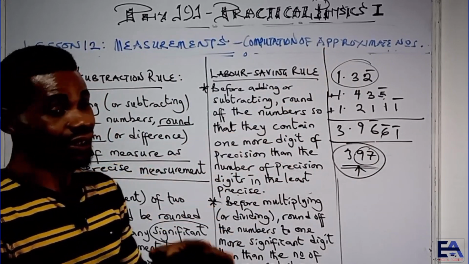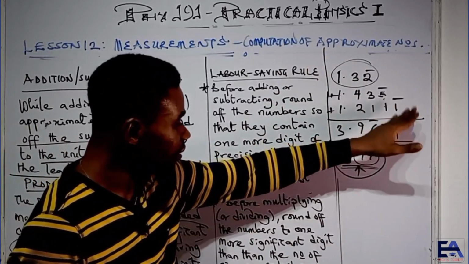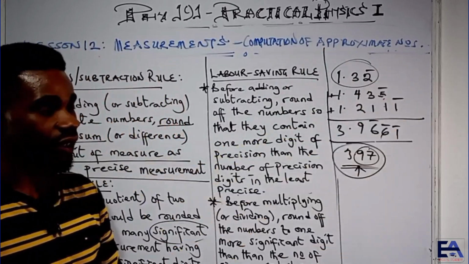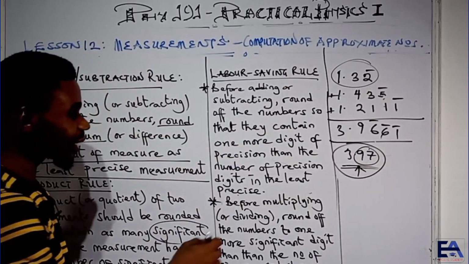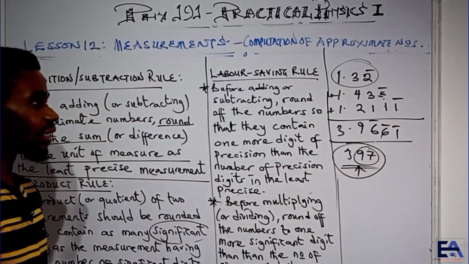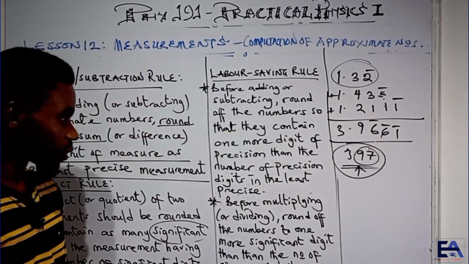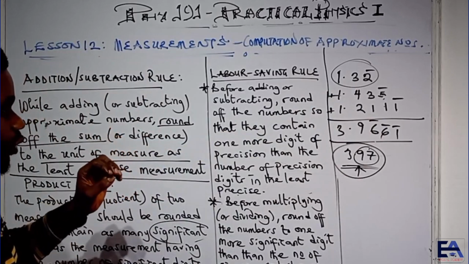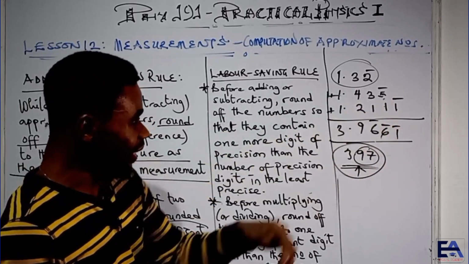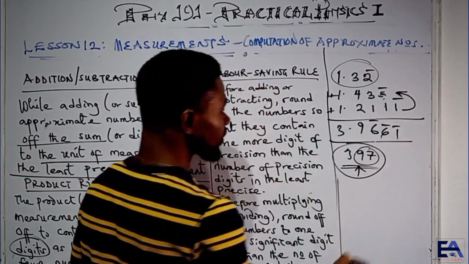So if you want to add them and still get the same result, and you don't want to start doing all these things, okay, you first approximate. Now what you do is that you check the least precise measurement. The least precise measurement is having what? It's having 2 decimal places, right? Good. So you will now round off, like let me assume that I want to add this guy to this guy first, okay?